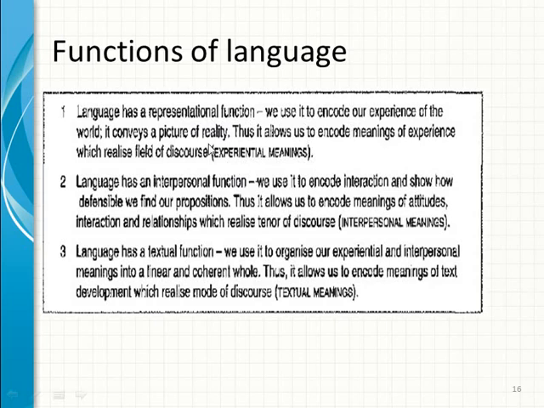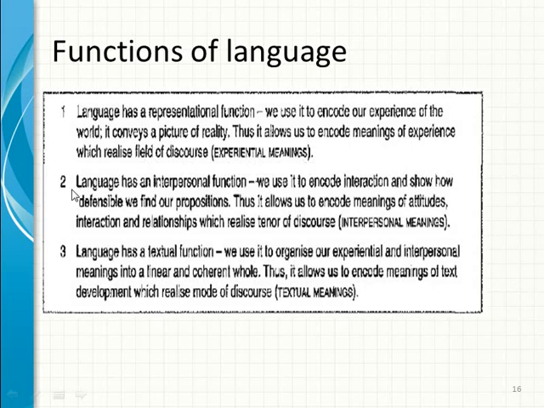It conveys a picture of reality. It allows us to encode meanings of experience which realize the field of discourse. So remember, here we have field, and we discuss experiential meanings, and this will be discussed further by groups 1 and 2.